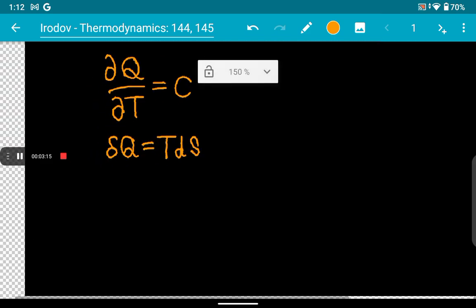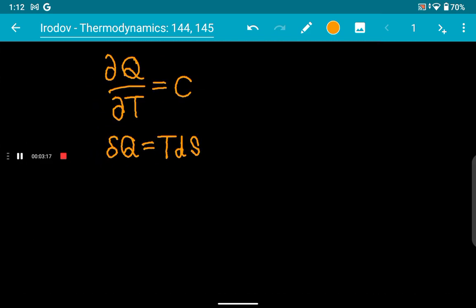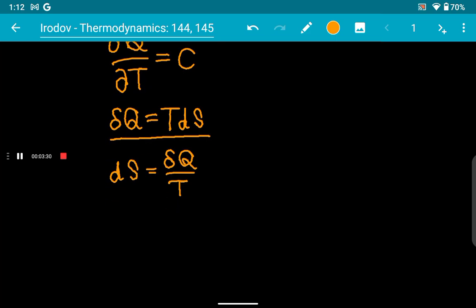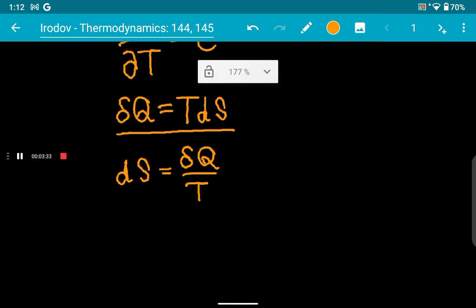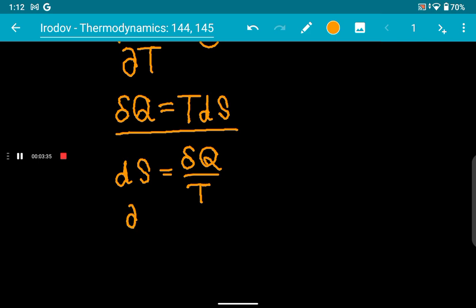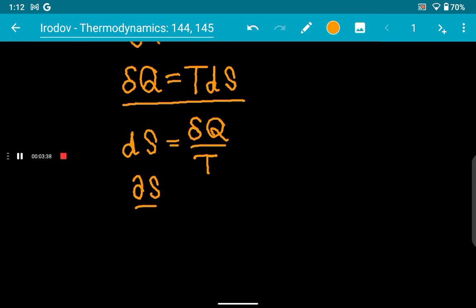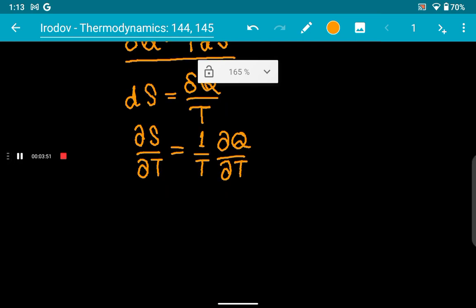Okay. So let's begin. This is the definition of entropy. So dS is basically delta Q by T, and let's divide both sides by dT.